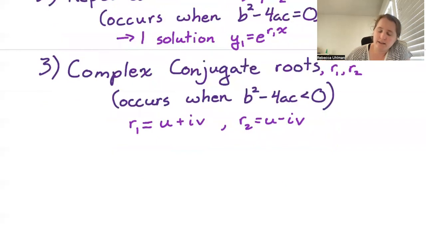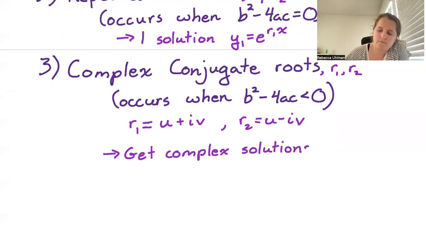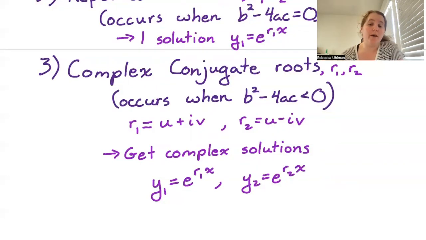We get complex solutions of the form Y1 equals e to the R1x, Y2 equals e to the R2x, but these are not real valued solutions. So these are complex valued solutions.